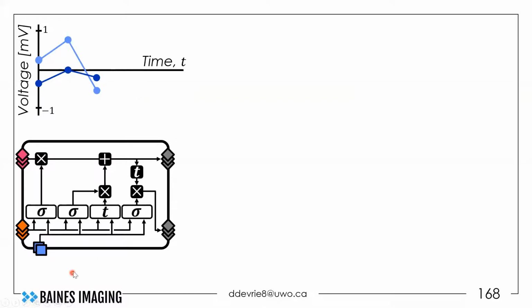So at t equals 0, we would have our LSTM cell, and we would take these 2 values highlighted in yellow as the input. Again, 2 scalar values coming in. And we would have our hidden layer and our memory initialized to some value. Maybe it's random, maybe it's zeros, it could be whatever we want. At this point, we don't know what our final hidden layer and memory values are for our LSTM cell.